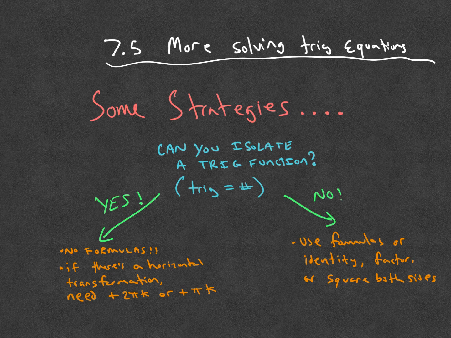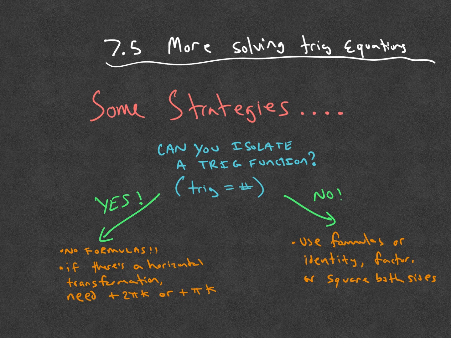All right, so in 7.5 we continue with solving trig equations, but we get to some more involved problems that require a little bit more than just looking at the unit circle. Maybe take a second to pause and write down this little flow chart, and I'll talk through it.